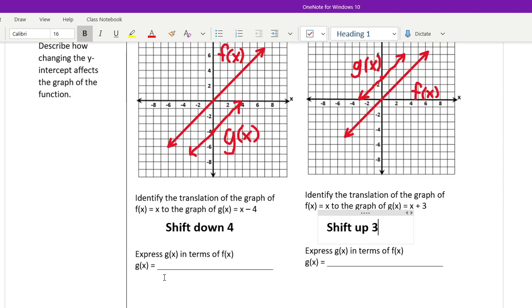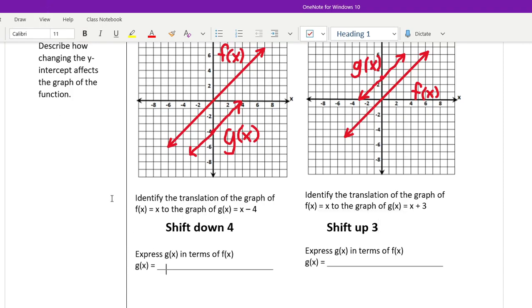The next part is a little tricky since this is the first time we're actually showing it. It's asking you to express g of x in terms of f of x. Now, if we compared every value of the same x, what's going on is that our output, our y value, is subtracted by 4.